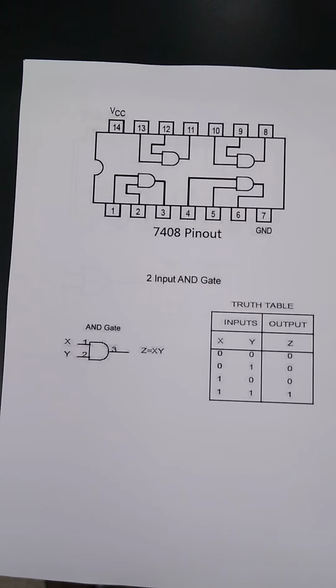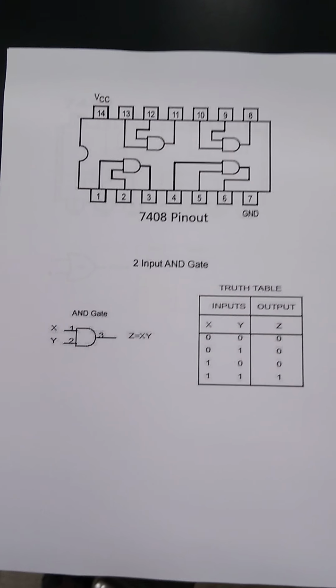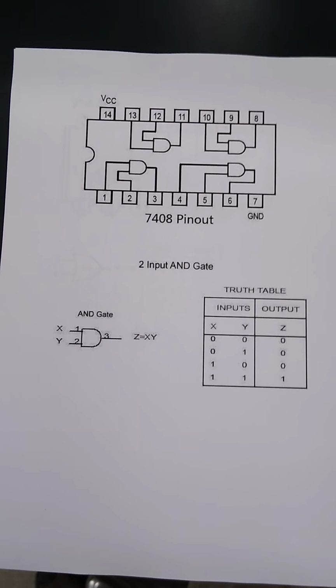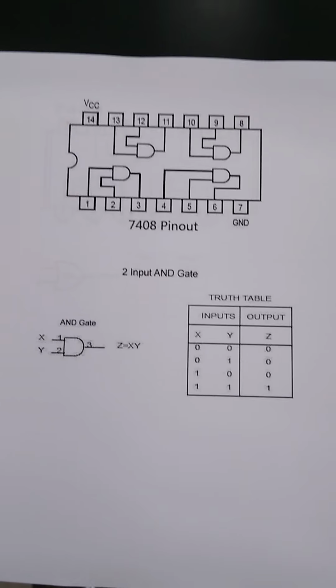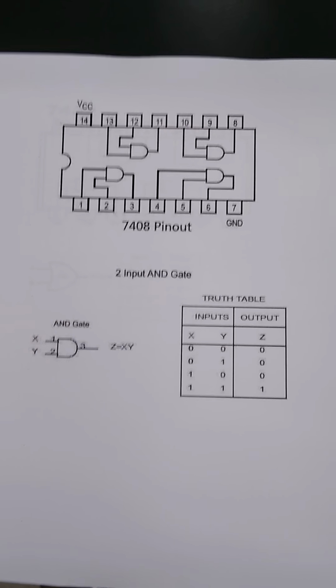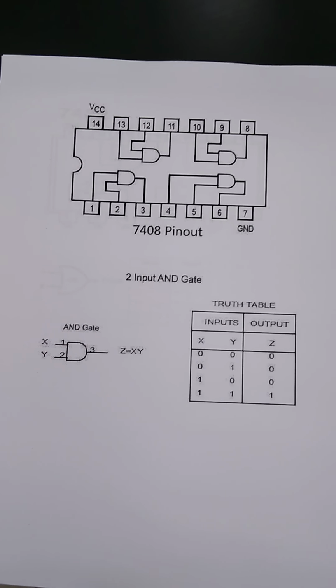What you are going to get at the output of this gate is really the product of X and Y. That means if you see the truth table on the left, only when the 2 inputs are 1 are we going to have an output.